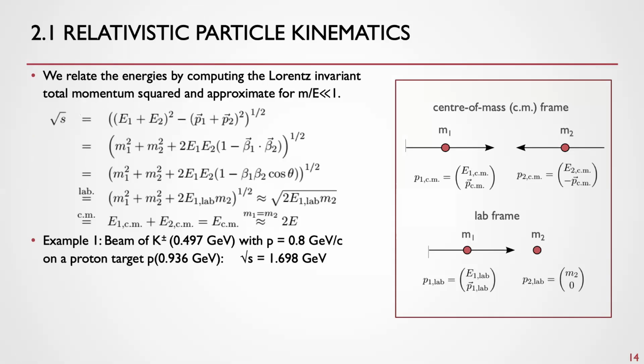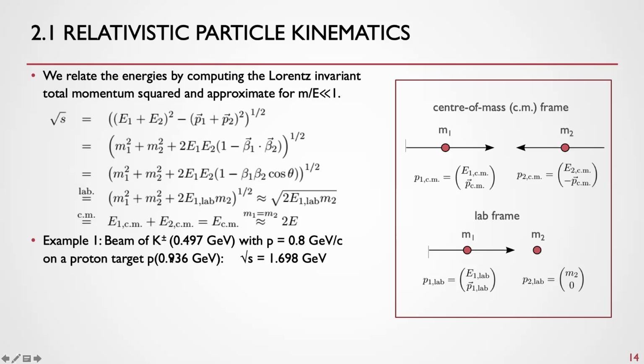Take as an example 1 and use your pocket calculator to check these numbers. A beam of kaons, for example, with a mass of roughly 500 MeV, a momentum of 0.8 GeV, and shoot them at the proton target. That's, by the way, a real-life example.